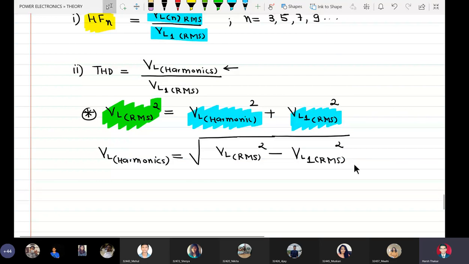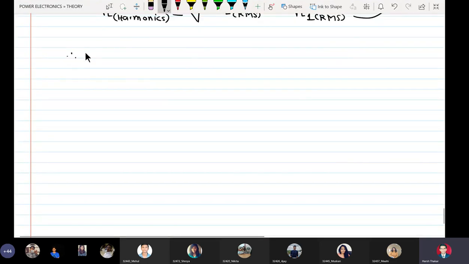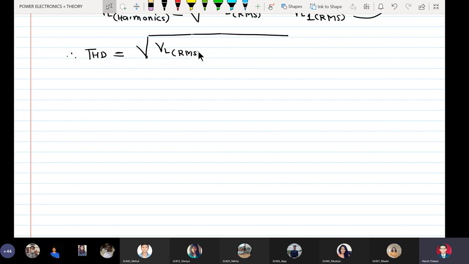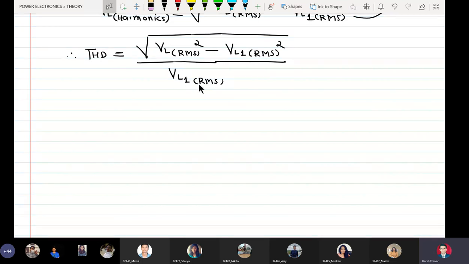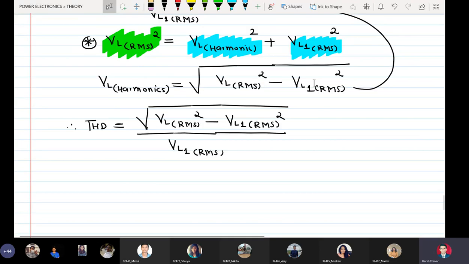So I can put this relationship here and rewrite THD as: the total harmonic distortion is now equal to under root of VL RMS square minus VL1 RMS square, upon the denominator, the fundamental RMS, VL1 RMS. This is very important.